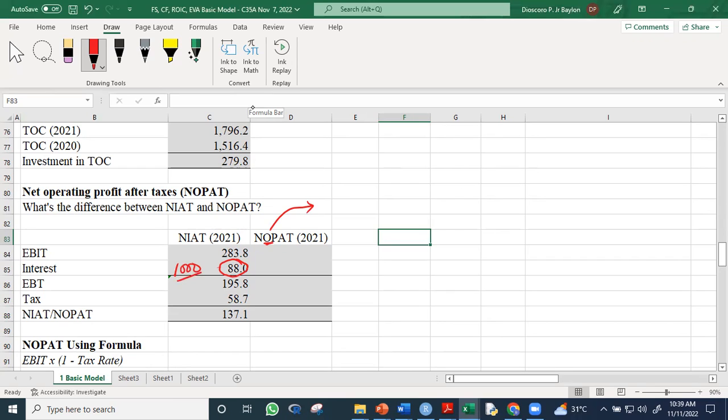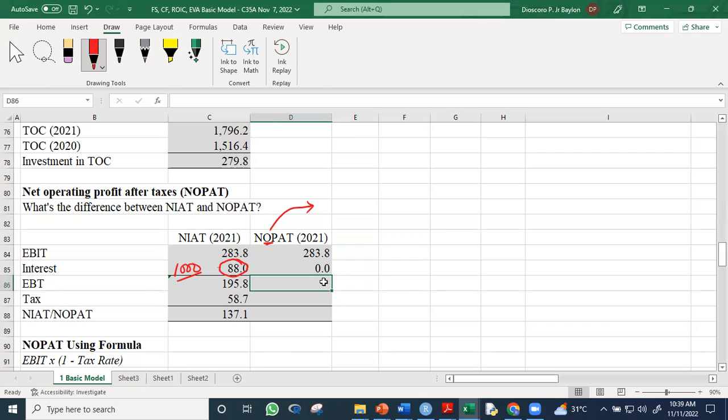So NOPAT is, we assess the performance of operations, but we exclude this item, interest, because they don't have control over this. So let's show the computation of NOPAT. Here we still have your EBIT the same, 238.4. However, for the interest, we're not going to charge operations with that. So this should be treated as zero. Why?